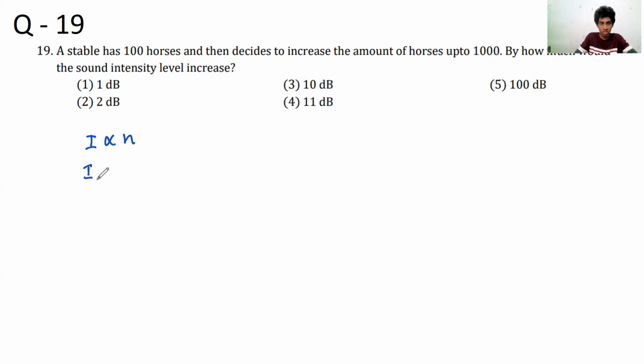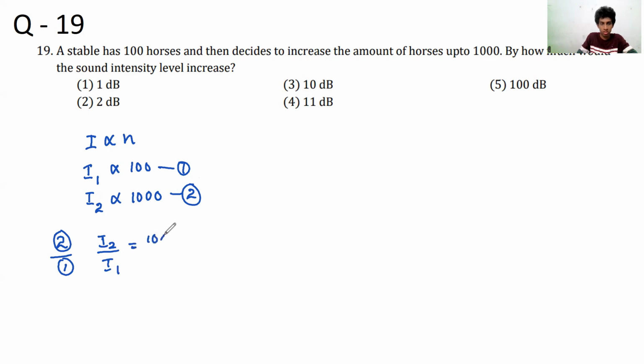Therefore, at the first instance, the sound intensity is directly proportional to 100, and at the second instance, the sound intensity is directly proportional to 1000. So this is the first one, and this is the second one. So when we divide the second one by the first one, we'll obtain I2 over I1 as 1000 over 100. So that is equal to 10.